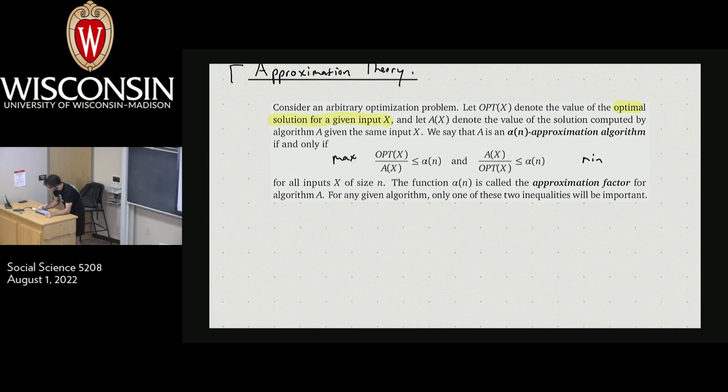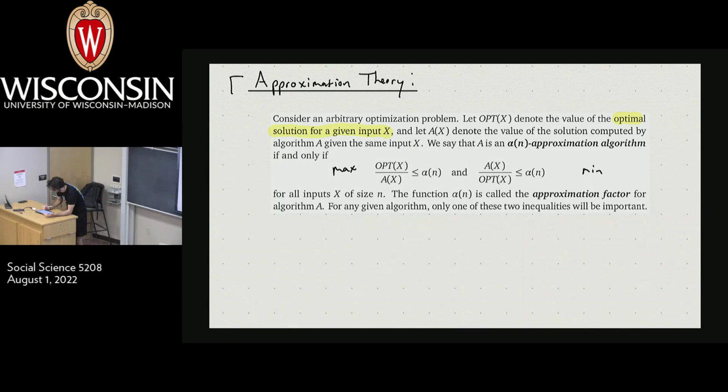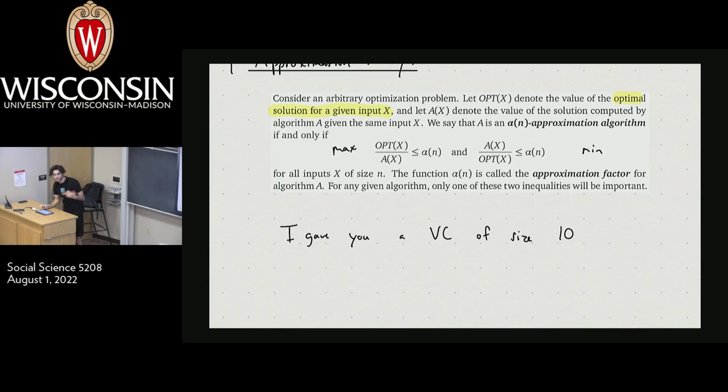To give you a simple example of this, let's say we wanted to solve the vertex cover problem. Let's say I gave you a vertex cover of size 10 for the problem, but the actual minimum vertex cover, the best we could have done, the opt for that instance, was size 5.